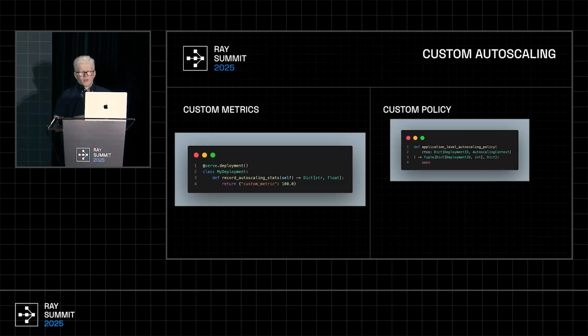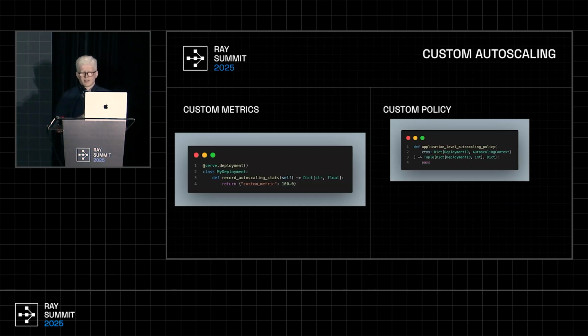Then users need to define a custom autoscaling function. This function gets executed as part of the control loop. It takes in an autoscaling context object as input and is expected to return a target number of replicas as output, as a decision vector. The autoscaling context object is a feature-rich object made available to the writers of the policy.